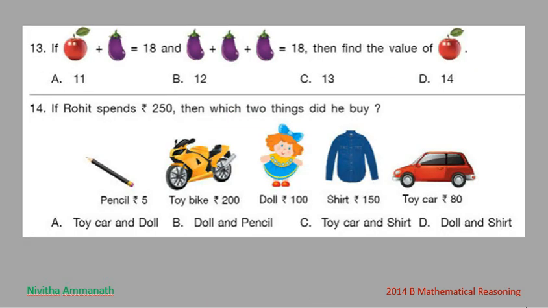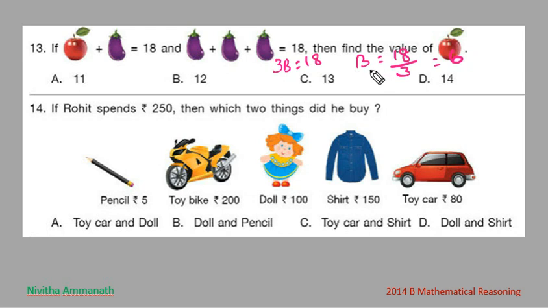Next question. If apple plus brinjal equal to 18. 1 apple plus 1 brinjal equal to 18 and 3 brinjal equal to 18. Then the value of apple. 3 brinjal equal to 18. Then 1 brinjal equal to 18 divided by 3. How many 3s are 18? That is 6 3s are 18.